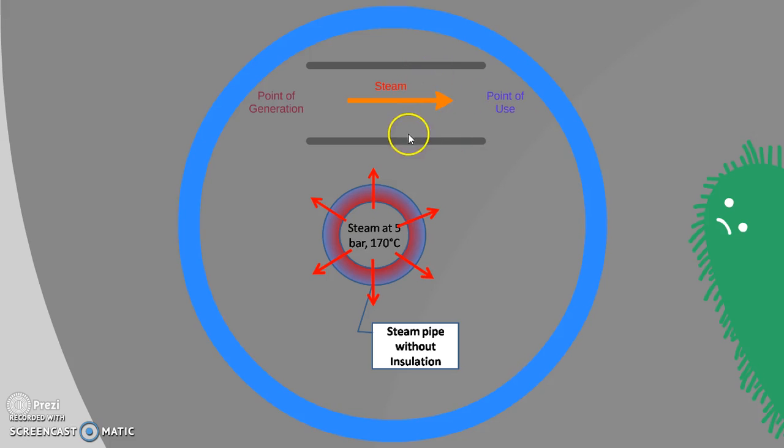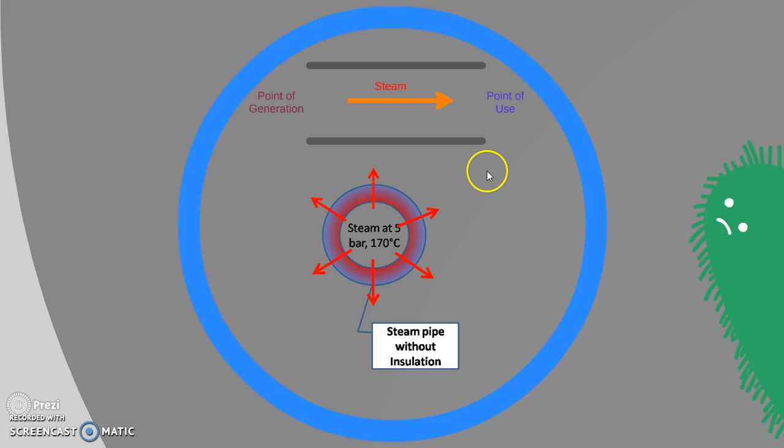Here I have shown just one piping system, but you can have a number of piping systems. If I want to transport the steam from the point of generation to multiple points of use, I will make use of a piping system arrangement in which the pipes will be either in parallel, or I can have a branched kind of piping system.